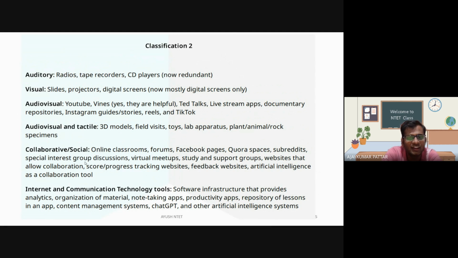Then audio-visual and tactile. Here the audio is there, the visual is there, and we can also touch the thing or object. That type of objects are called audio-visual and tactile. For example, 3D models. Anyone know Anatomage? It is a digital anatomy platform.